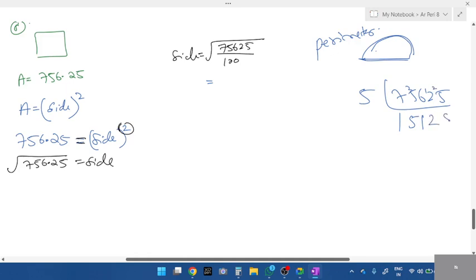Five twos are 10, 5 fives are 25. So 5 threes are 15, 0, 5 twos are 10, you get 5. Again, 5 sixes are 30, 0.